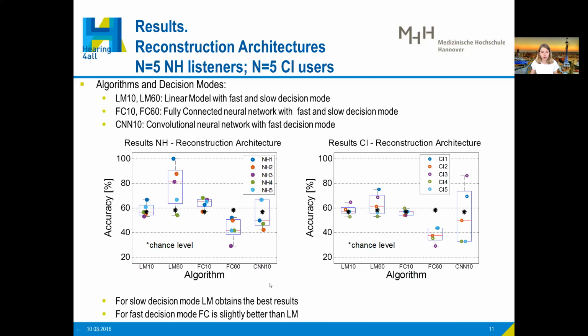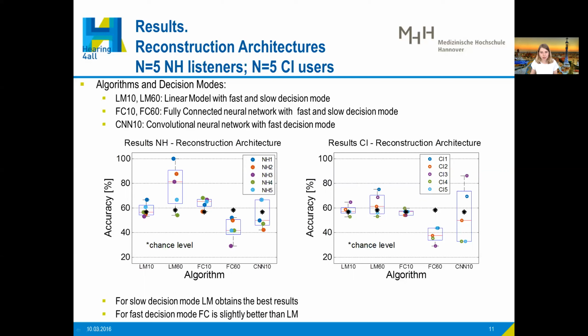We tried this on 5 normal hearing and 5 CIs, and it showed that when we use slow decision mode, which means we take 60 seconds for prediction, the best results were shown by the model LM60, both for normal hearing and CIs. But for CIs, the accuracy was lower than for normal hearing.